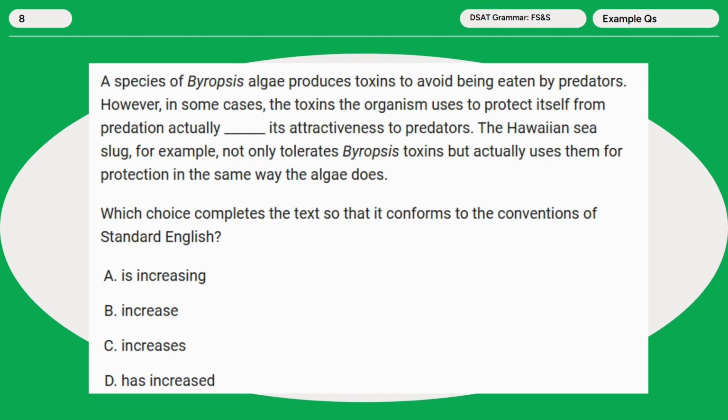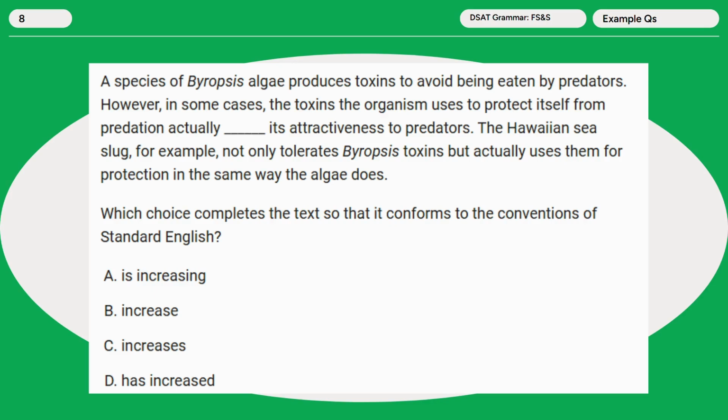However, in some cases, the toxins the organism uses to protect itself from predation usually blank its attractiveness to predators. The Hawaiian sea slug, for example, not only tolerates Biropsis toxins, but actually uses them for protection in the same way algae does.